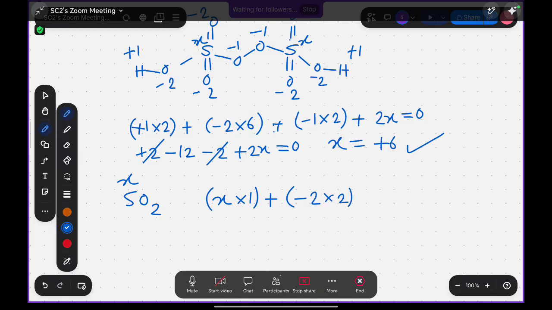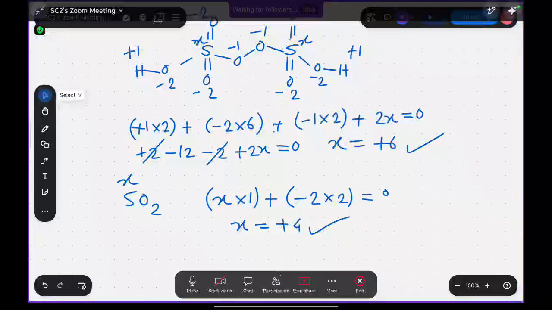Now let's see whether the calculation shows the oxidation state to be more than plus 6. If it is more than plus 6, then I cannot take oxygen to be minus 2. It should not be more than plus 6. It can be less than that, but not more than that. So what is the value? X comes to be plus 4, which is possible. It is less than plus 6, so it is possible. Up to plus 6, for sulfur atom, is possible.